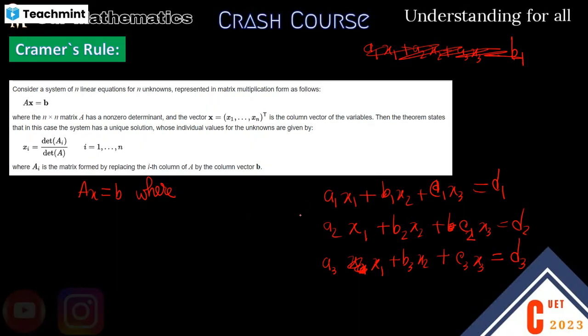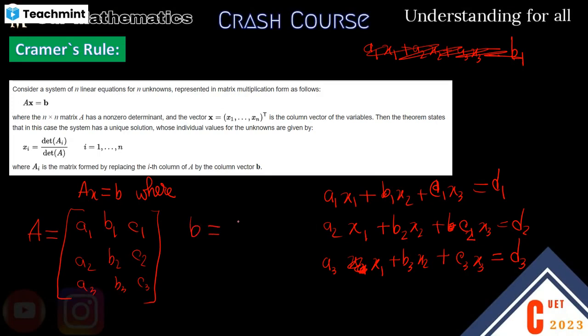Then A, the matrix with rows a1, b1, c1; a2, b2, c2; a3, b3, c3, is the matrix of coefficients.